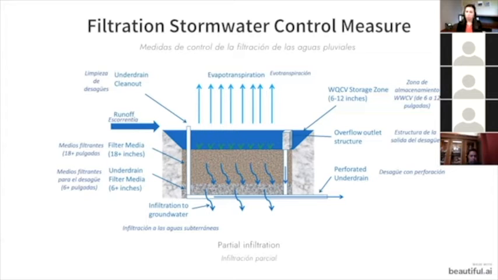In Colorado, we mostly use partial infiltration because of our soils that are really clayey. And so that would stop the water from moving all the way through at a faster rate. And so that's why we utilize this method.